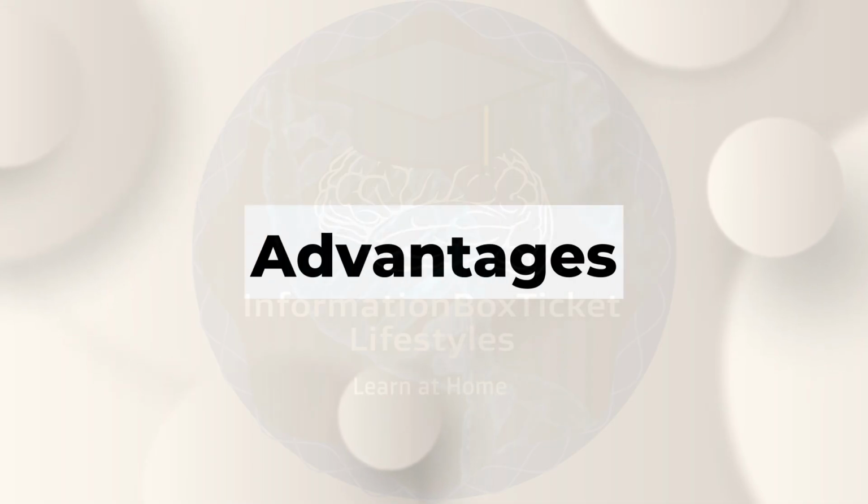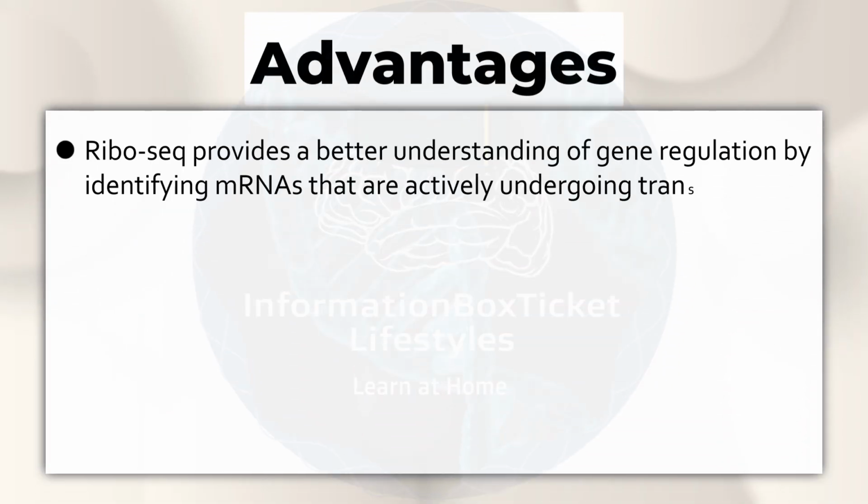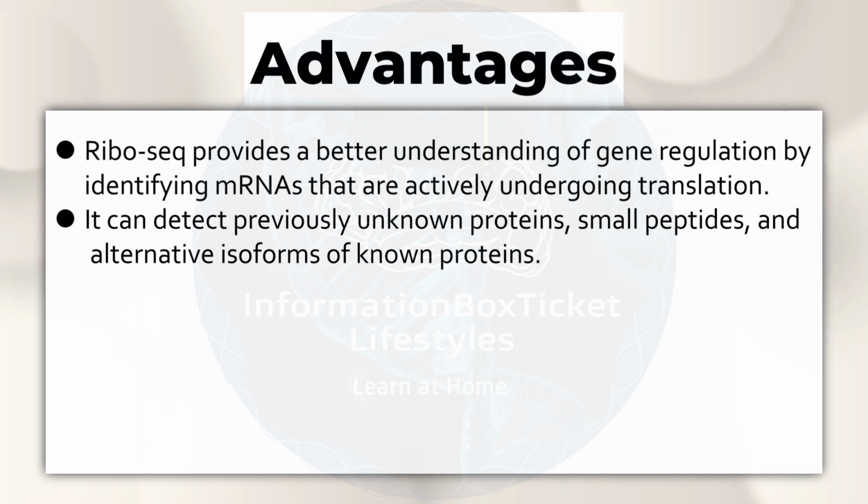Advantages of ribosome sequencing. Ribosome sequencing provides a better understanding of gene regulation by identifying mRNAs that are actively undergoing translation. It can detect previously unknown proteins, small peptides, and alternative isoforms of known proteins.